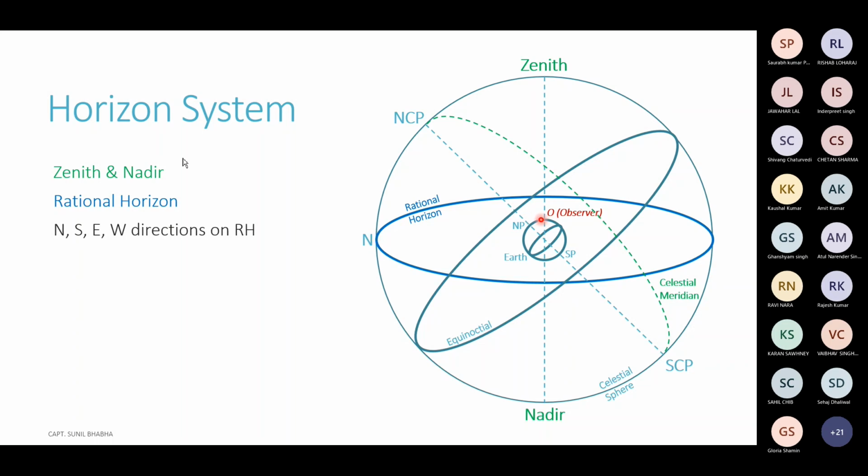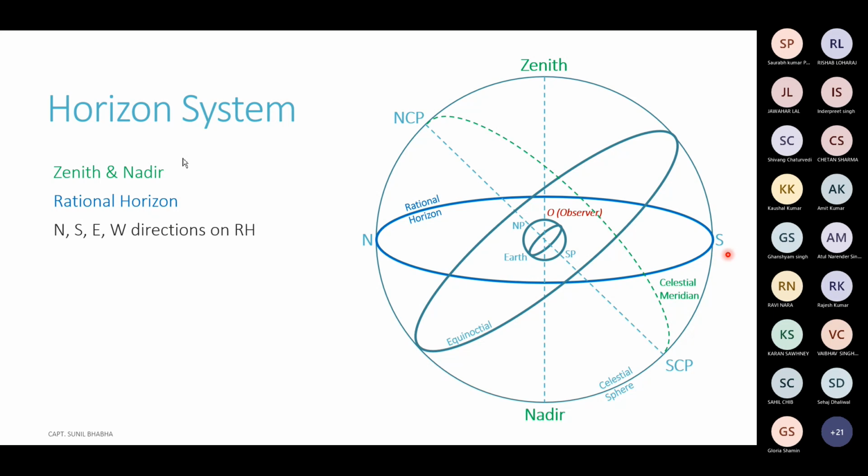So for this particular observer, he looks at the celestial pole. The pole is here. He comes vertically down below that pole, and wherever it touches the horizon, that is the north point for him. Exactly opposite to it, exactly opposite direction, that means this particular direction will be the south direction.